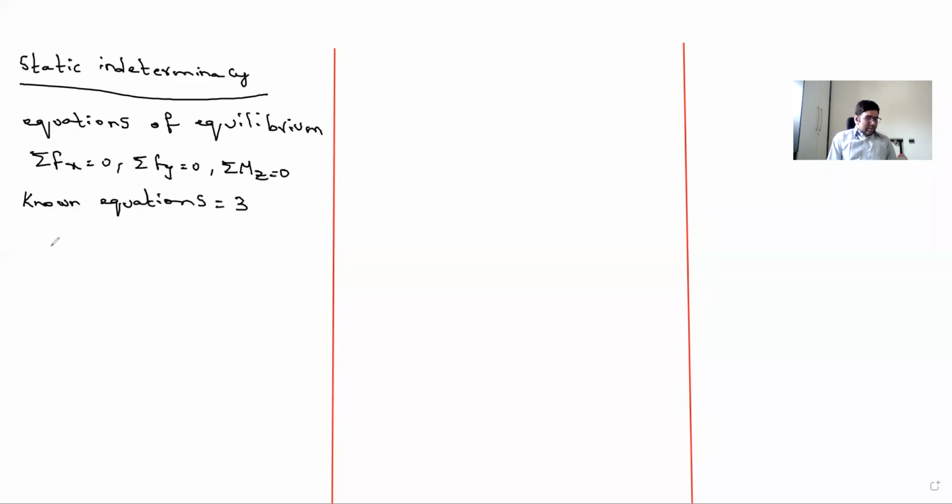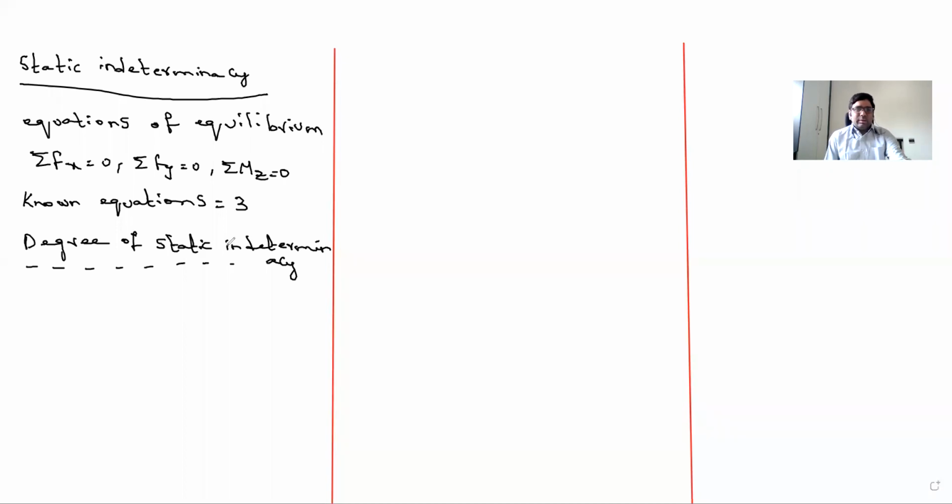Now, let us try to move forward in understanding the condition for degree of static indeterminacy. For this, what do we say? I will write it in another color for you to better understand the definition clearly.